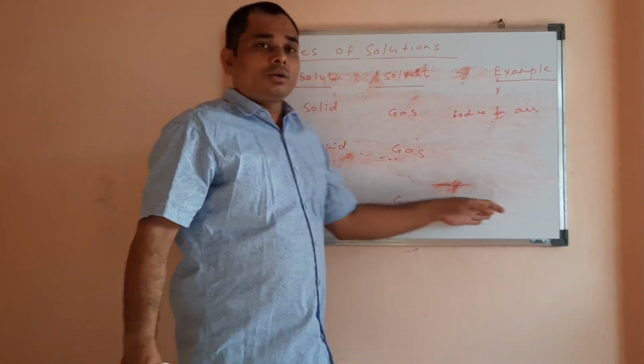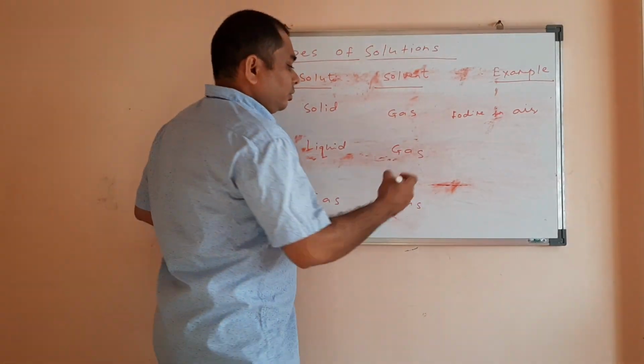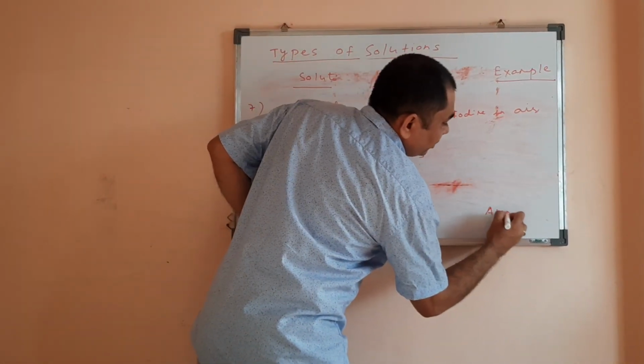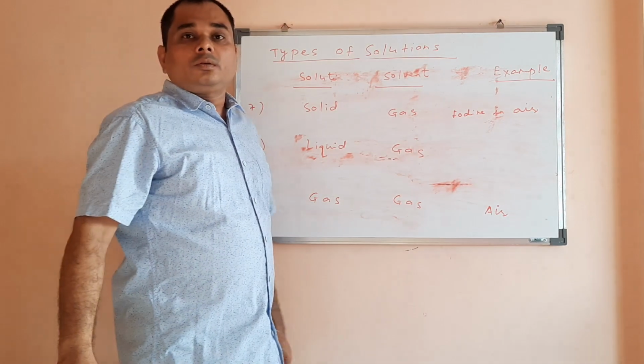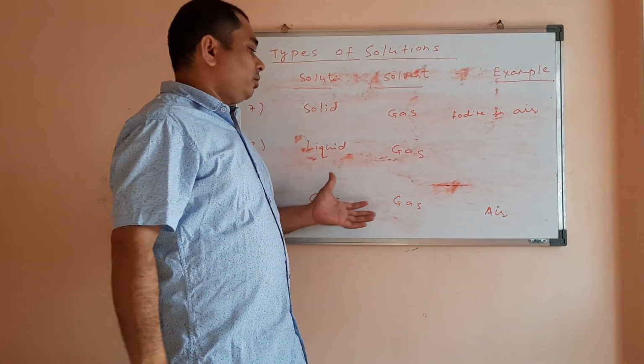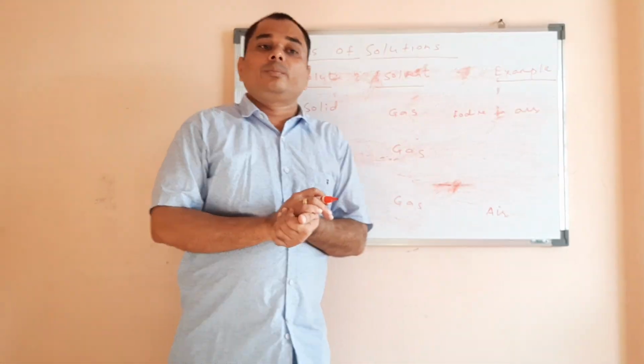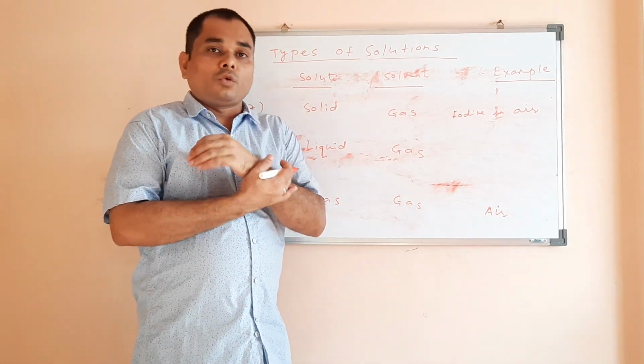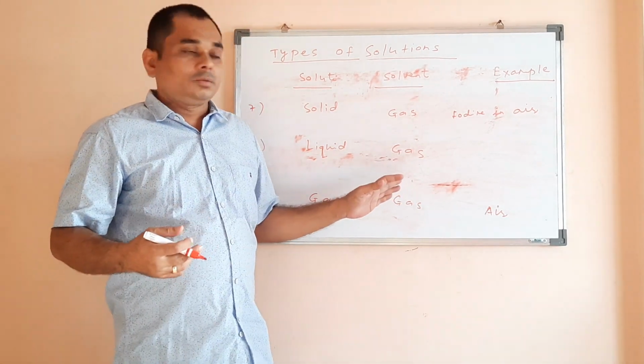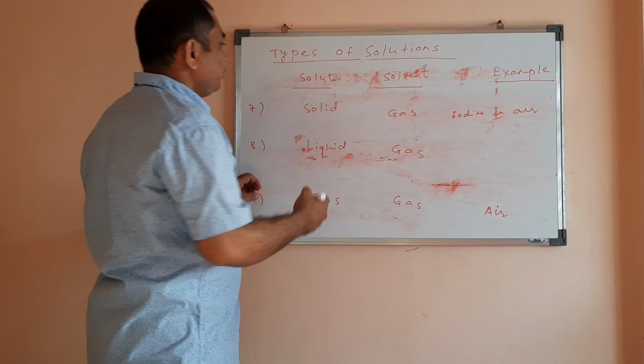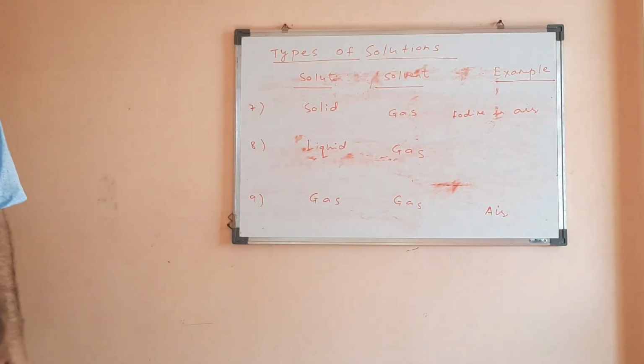You must have come across these solutions. Air is an example of this. In air, different gases are mixed in a definite proportion to form a solution. So these are all the different types of solutions.